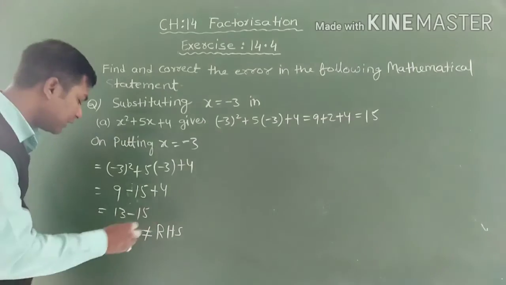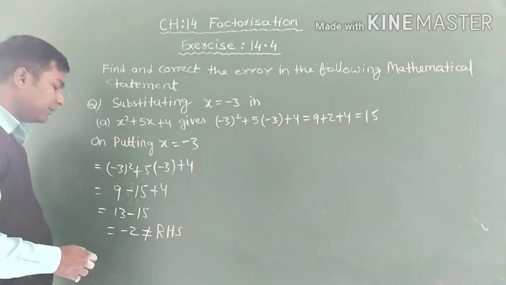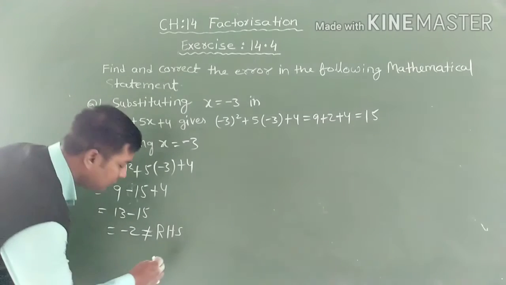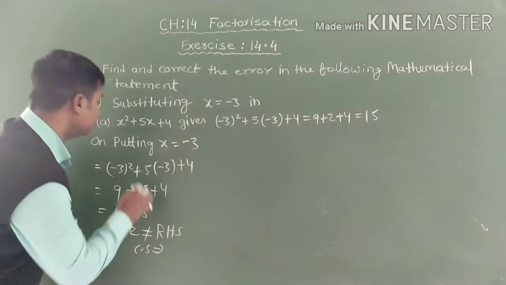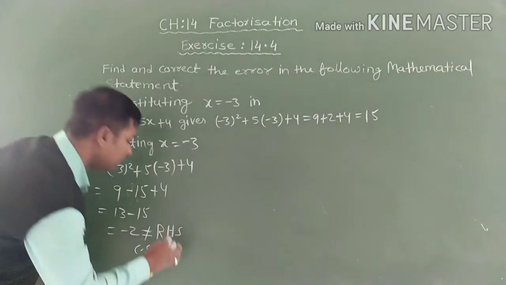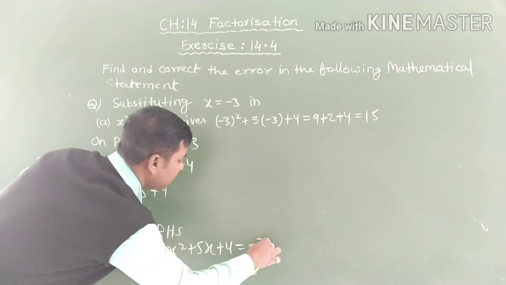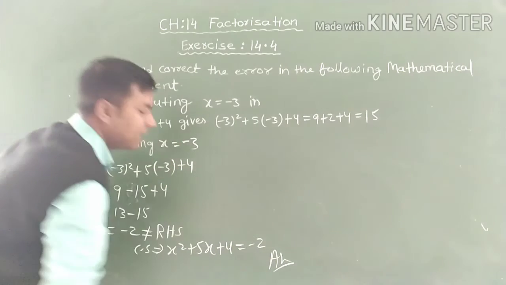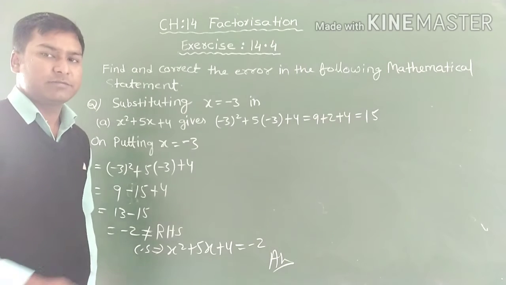And what is the correct statement? The correct statement will be, you can write here CS, correct statement: the equation x square plus 5x plus 4 equals to minus 2. Okay. This is the answer. And this is the correct statement also. Okay. Now it's very easy.